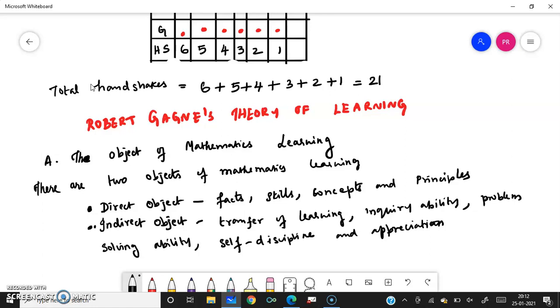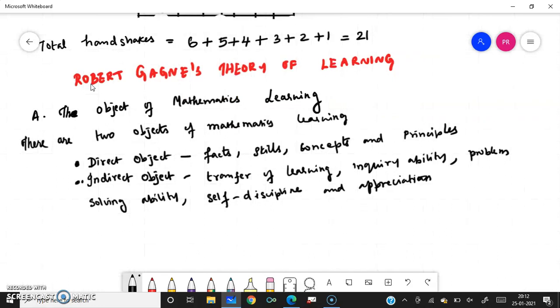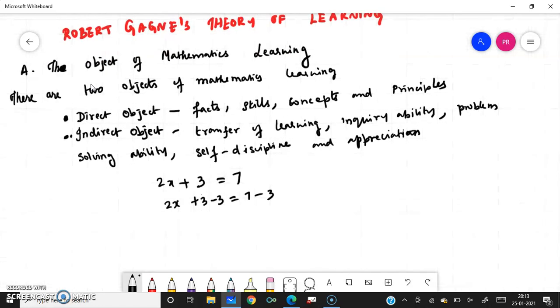For example, if you want to solve the equation 2x plus 3 equal to 7, I am talking about the skill. What is the mathematical skill? First, you subtract 3 on both sides. Step 1. So you get 2x equal to 4.